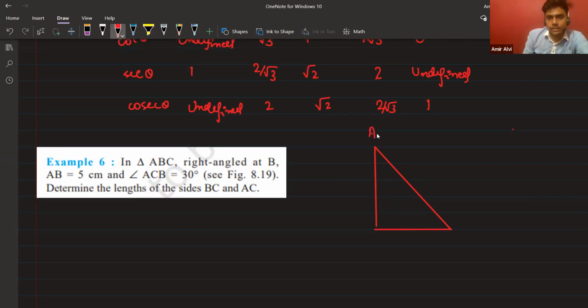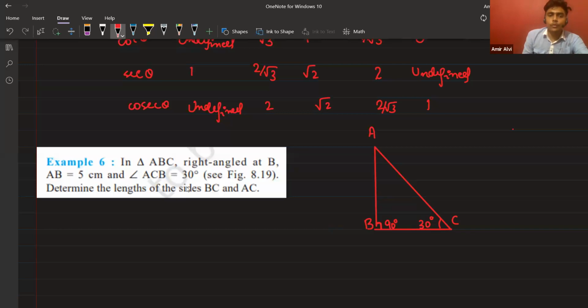So this is A, this is B, and this is C. Angle ACB is 30, which means which one is our theta? Angle C. Very good.